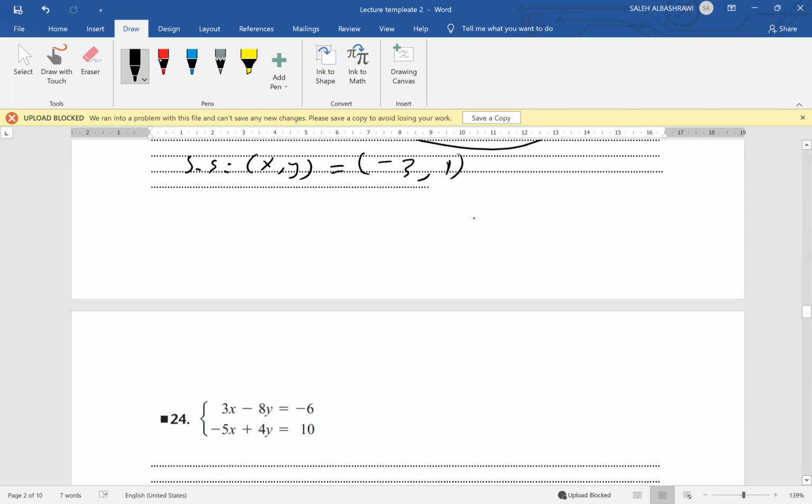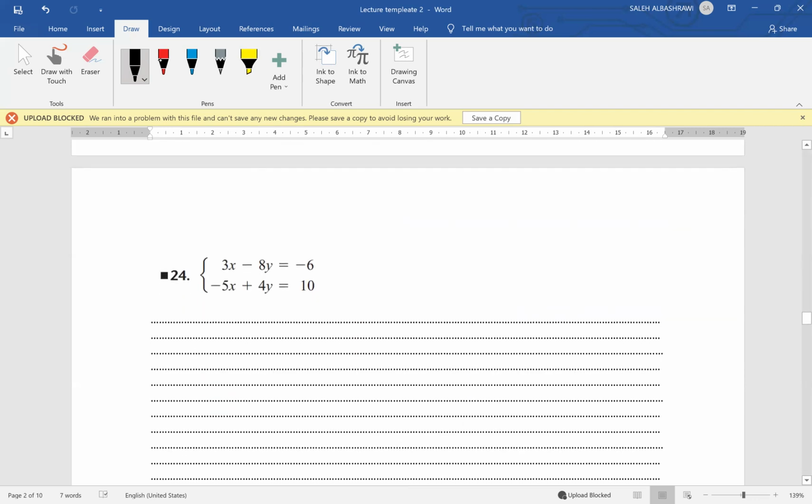Have another example. 3x minus 8y equal to minus 6, and minus 5x plus 4y equal to 10, and I need to do it also using the elimination method. I'm going to use the second equation this time to write y as a function of x. As I said, we can use the first equation or the second equation, and I'm going to use the second equation.